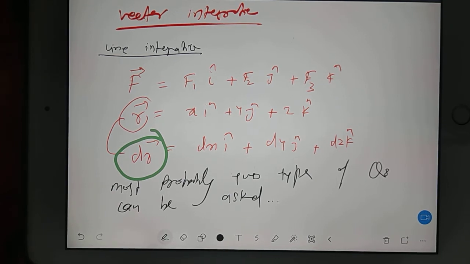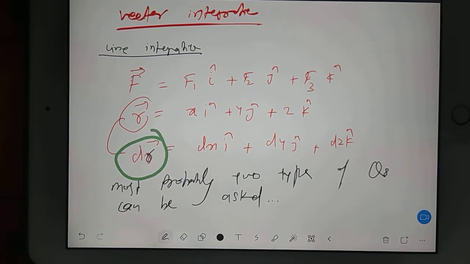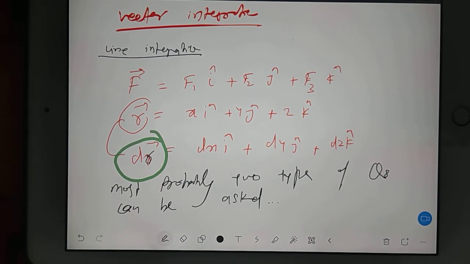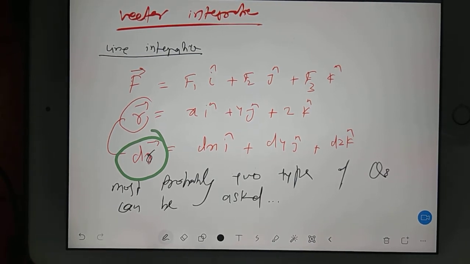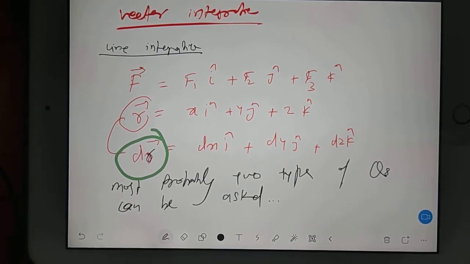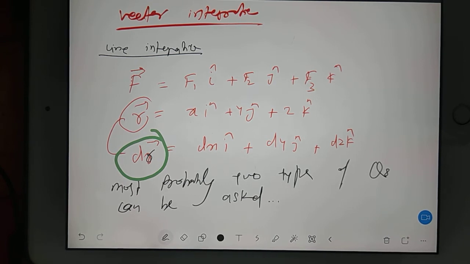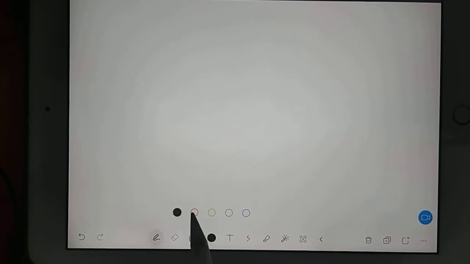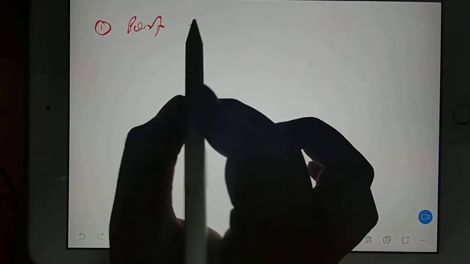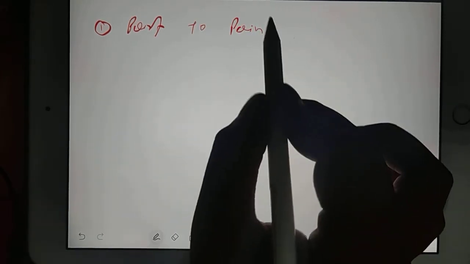So we simply have dr. First, point to point. What does it mean?